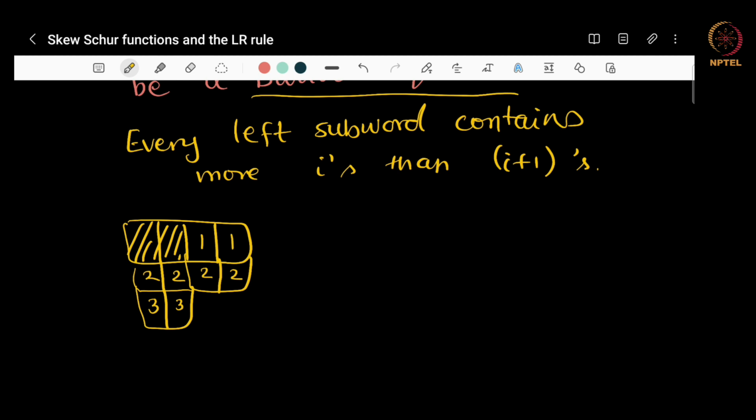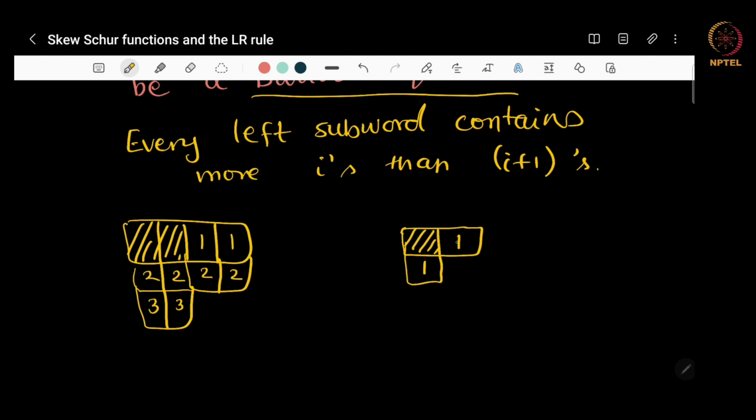Let's see if we can find a slightly different shape where it's possible. I just took a very simple shape, lambda the outer one, and mu is this inner shape.